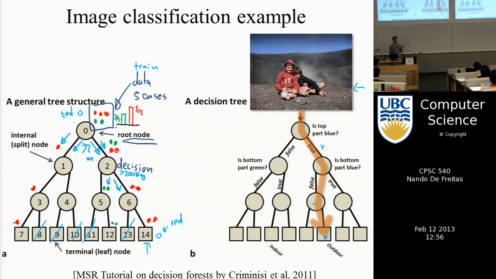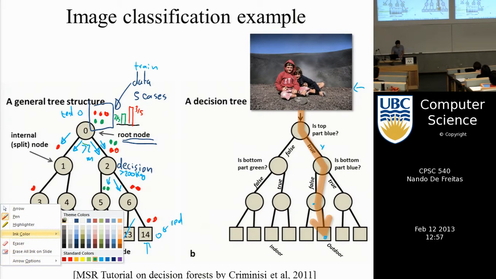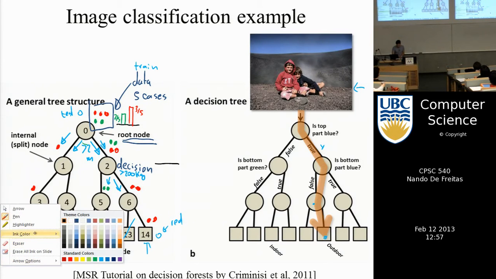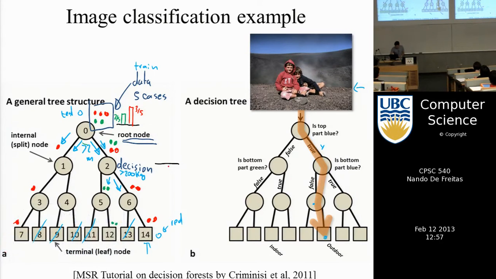So to each node, in fact, there is associated such a histogram, because you can always just count how many are green out of all the number of points there, and how many are red. And so after that decision is made, once we reach this node here, the second node, we have half green and half red. So in this case, we have a half, or 2 out of 4. And as we proceed here, we will have 1.